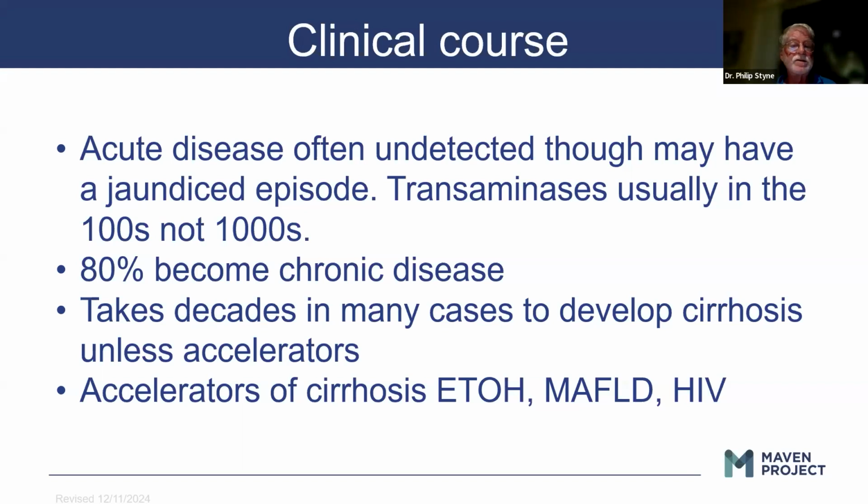Alcohol is sort of an obvious one. MAFLD, what we used to call NAFLD, or non-alcoholic fatty liver disease, is now, and actually this is a typo, it should be metabolic associated steatotic liver disease, and HIV are accelerators in hepatitis C. Next slide, please.